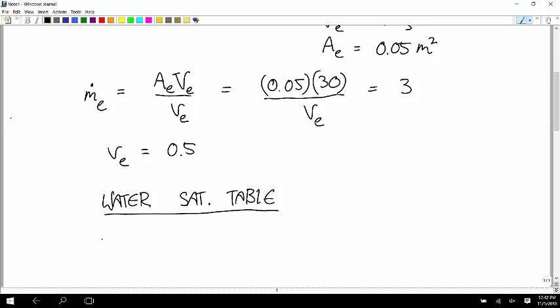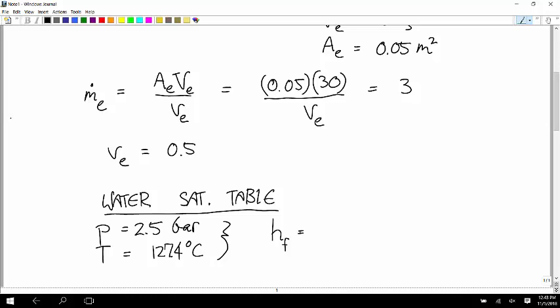And so use the pressure of 2.5 bar and the temperature of 127.4 degrees Celsius.